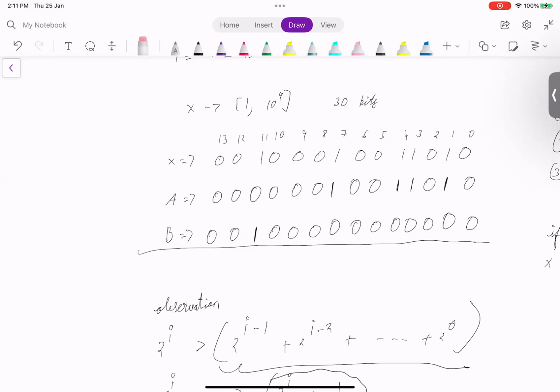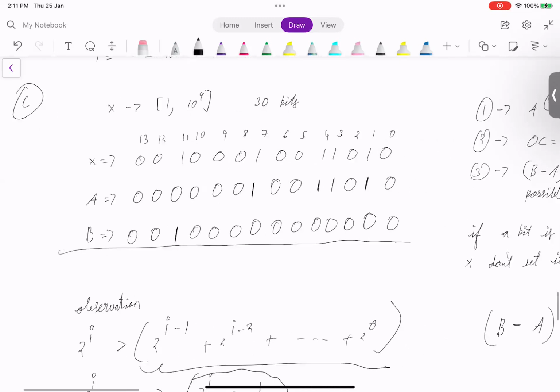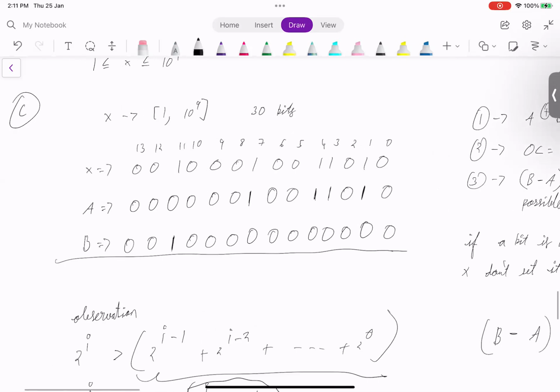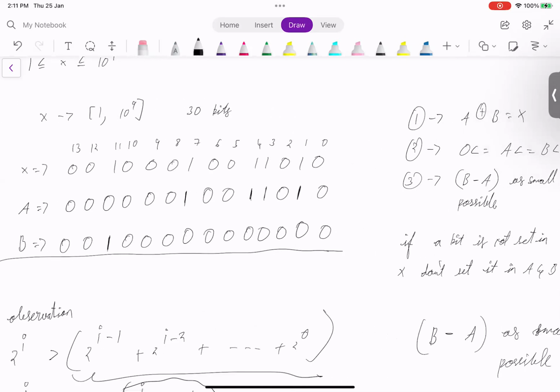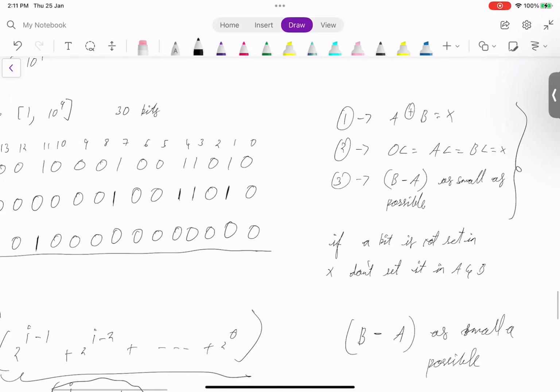Now, the claim is, how do we count this C? So when we are counting the C, when we make a bit which is unset in A and a bit which is unset in B as set, then these two conditions won't be violated, but this condition might be violated, right? The second condition.